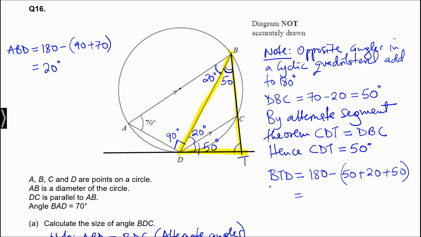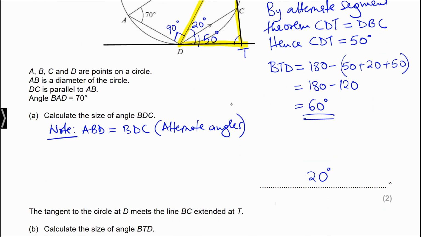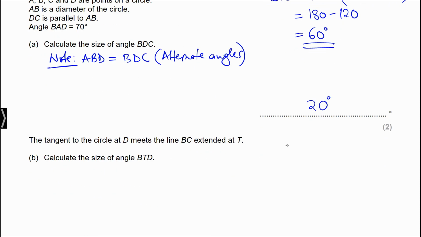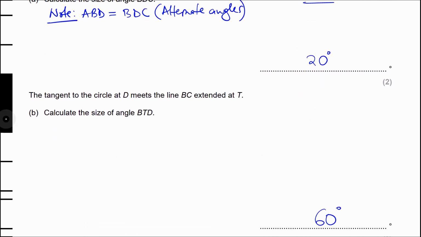So BTD will be 180 minus all the angles that are given, to find the remaining one. This will be equal to 180 minus 120, and that will be 60 degrees. So the required solution for BTD will be 60 degrees.